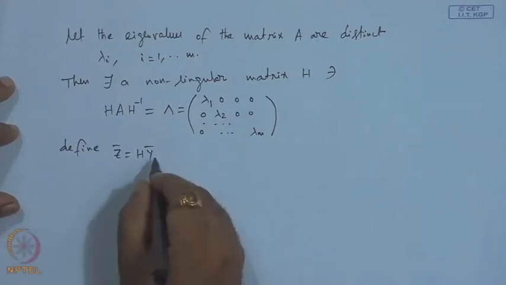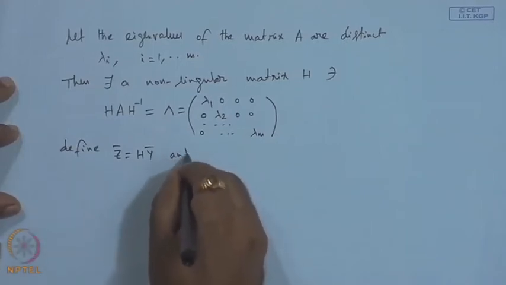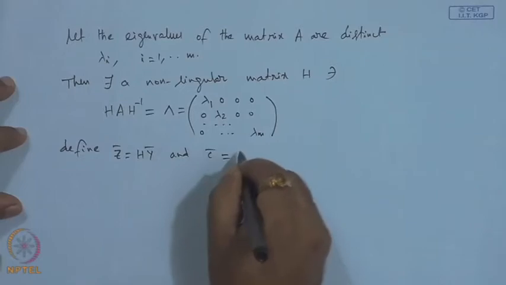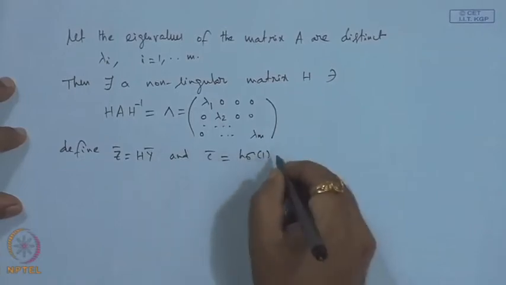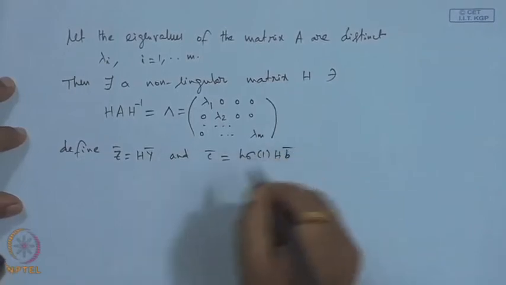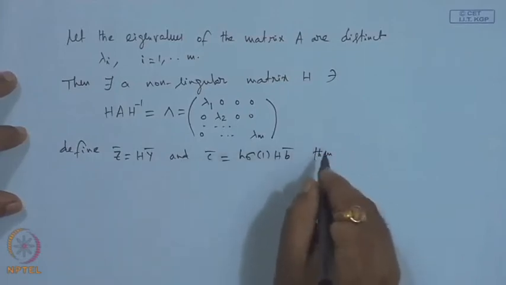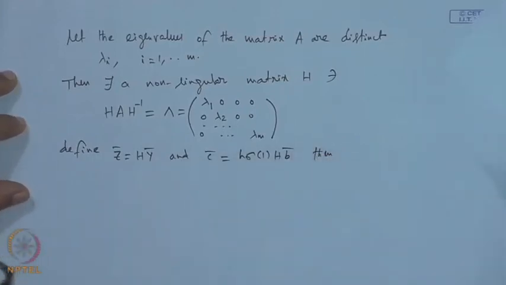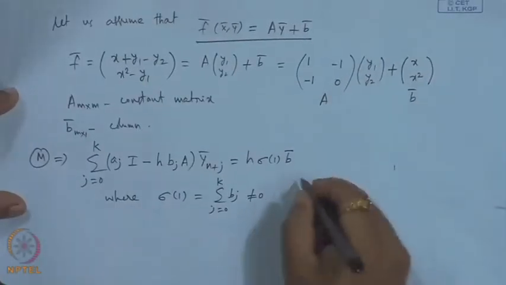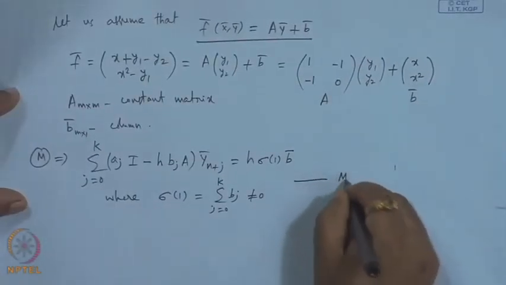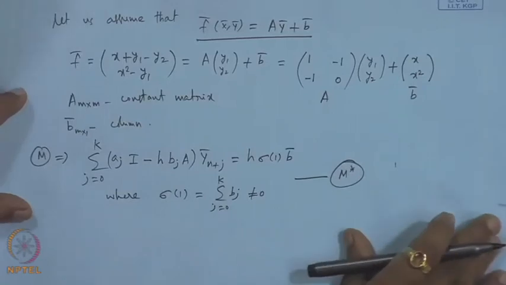Okay. So, define this, and C is, so then we get, so this is say m star.